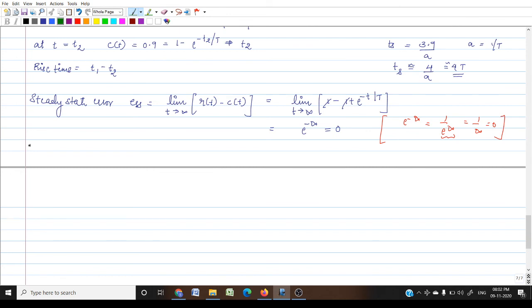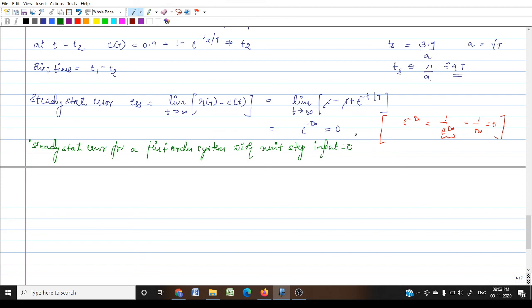So we see that the steady state error for a first order system with unit step input is 0.